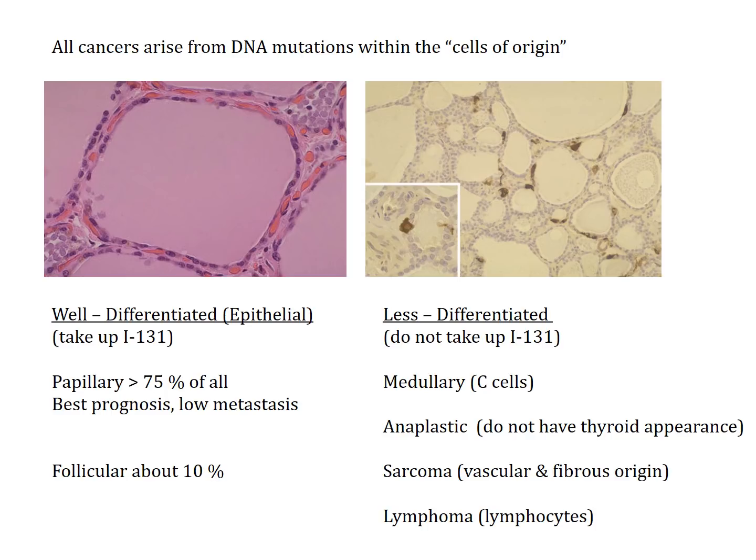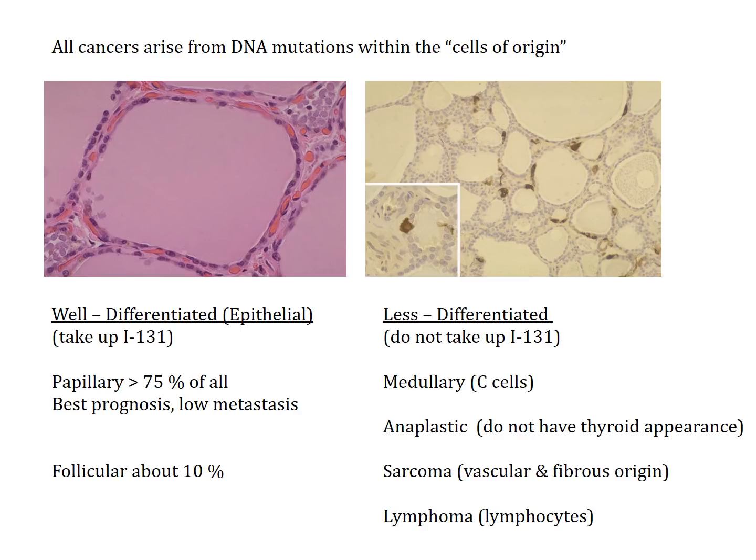Remember, all cancers come from DNA mutations, and all cancers have a cell of origin. So when we're talking about thyroid cancer, primary thyroid cancer, we're talking about cells within the thyroid gland that developed a DNA mutation that therefore went on to lead to the malignancy. There are two primary types of thyroid cancer.